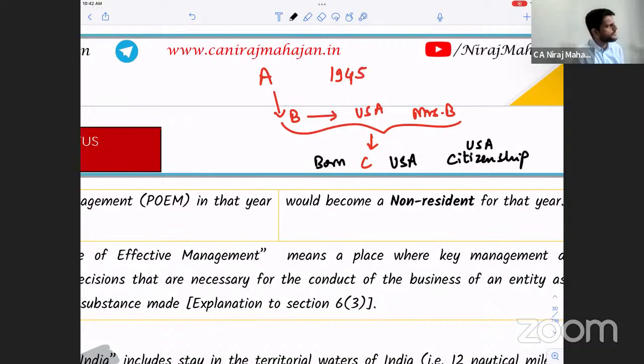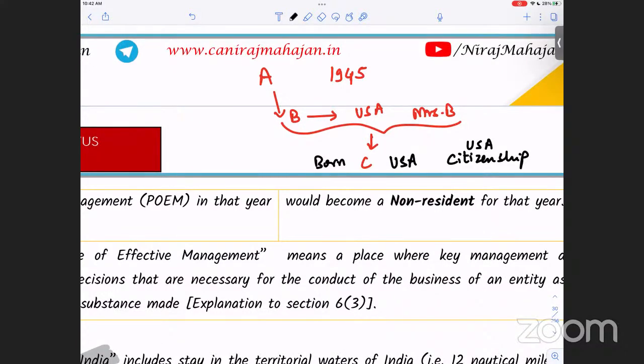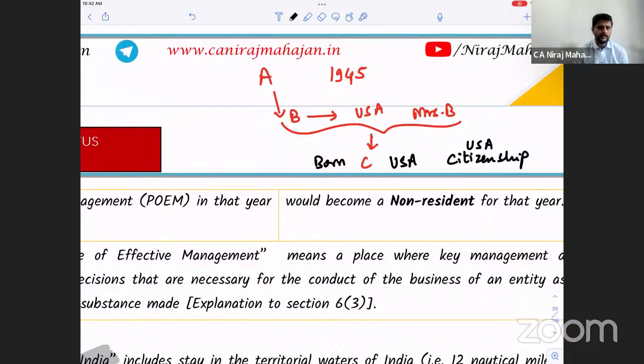But whether C is a person of Indian origin, this is an important question. Yes, sir. Very good. Khushbu, Nitin, understood? All of you? Pakka? Yes. So even if C doesn't have Indian citizenship, C is a person of Indian origin because her grandfather, grandmother, whoever were born in undivided India.